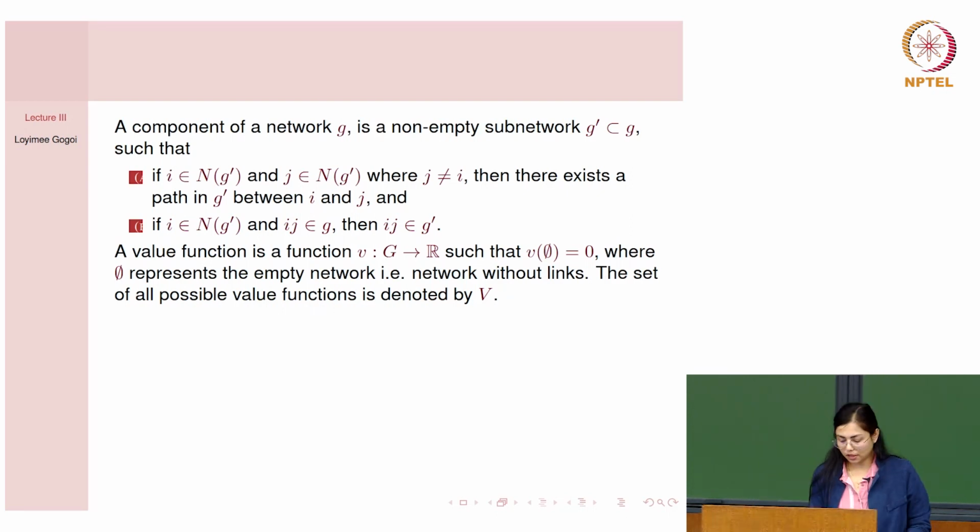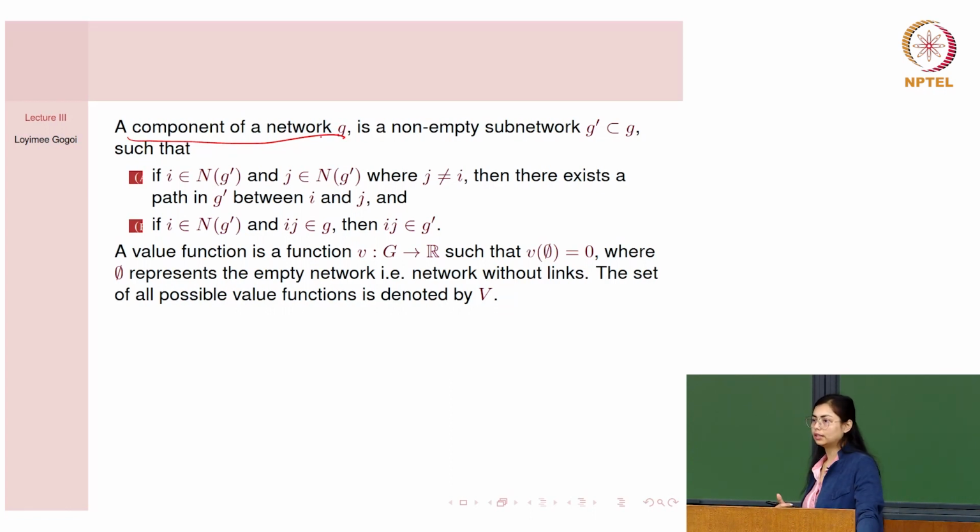Okay, so the next definition is the component of a network G, and you know what a component is already, the maximally connected part. Let me introduce one thing here, the component additive value function.